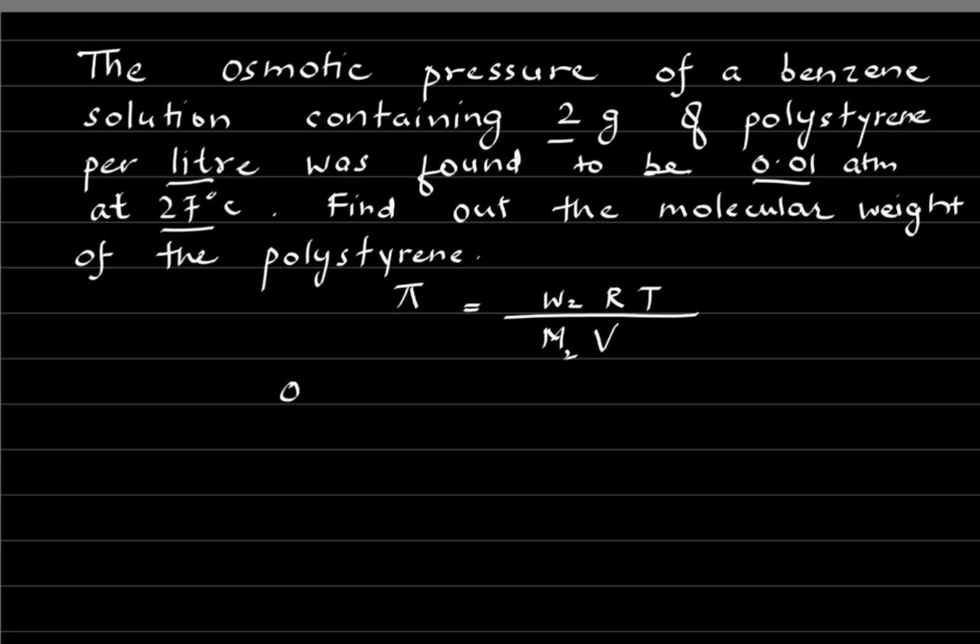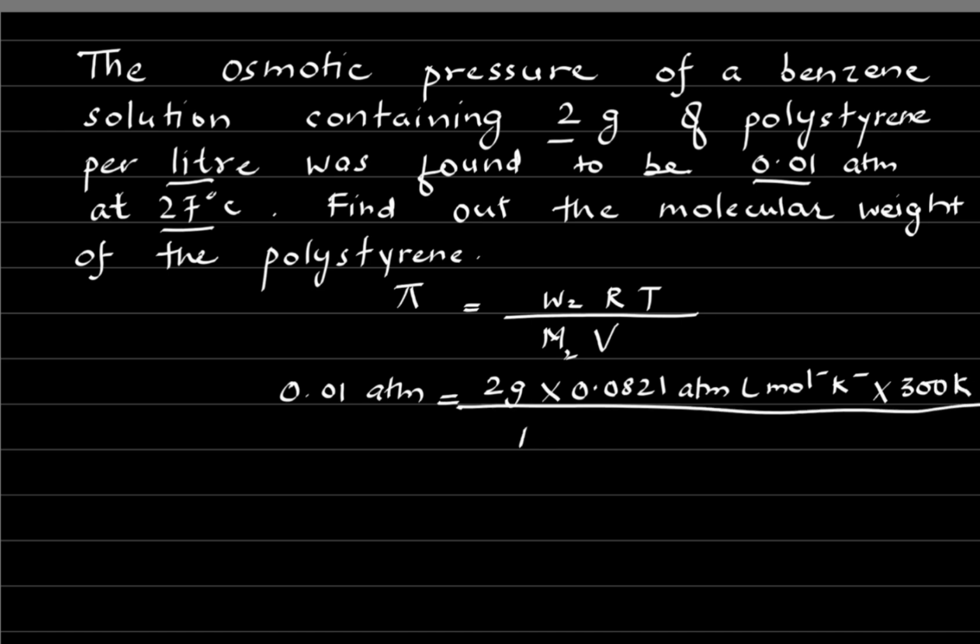Pi given is 0.01 atmosphere, equals the weight of the solute given here, 2 grams, times, since our unit here is the atmosphere, 0.0821 atmosphere liters per mole per Kelvin. Temperature is given in degrees Celsius. We'll convert that into Kelvin. 27 plus 273 gives us 300 Kelvin.